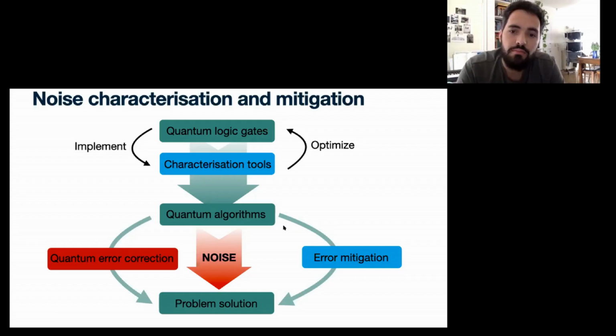But in the meantime, we want to use the quantum computers that we have. So we're going to go for something asymptotically less optimal, but maybe more useful in practice. And this is error mitigation. And this is a change of strategy.